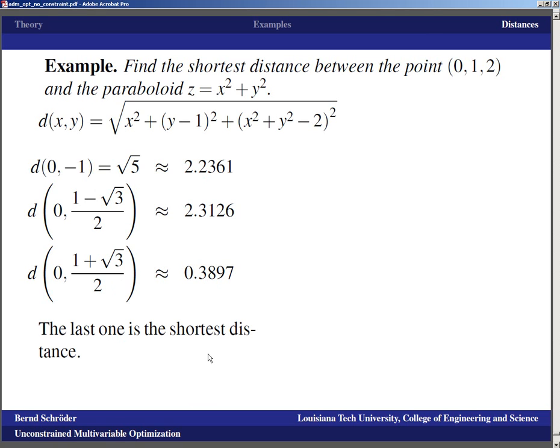And now let's look at a visualization of the whole thing, because it's kind of interesting, that apparently we can have a shortest distance of 2.2361 in some sense, then a further distance 2.3126, and then the shortest distance being 0.3897.